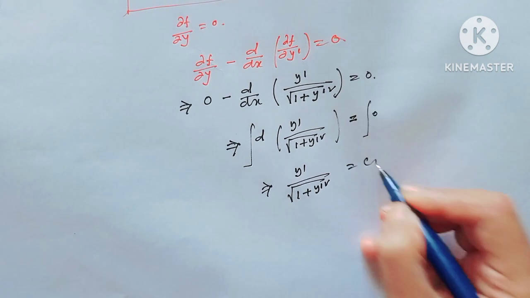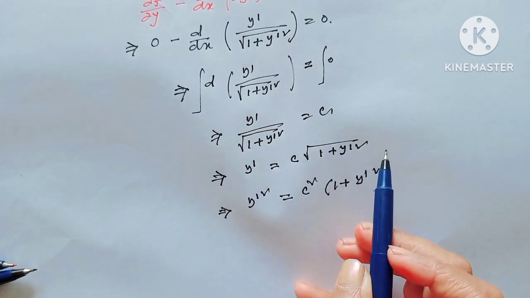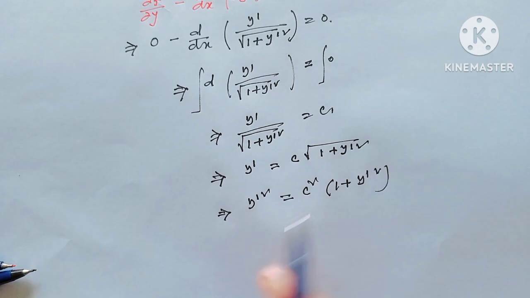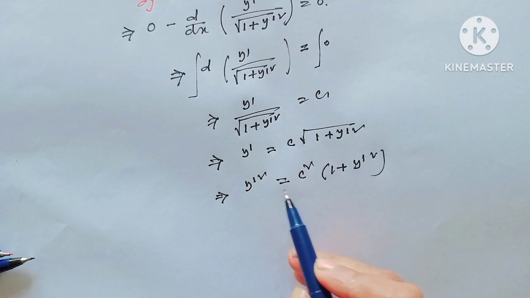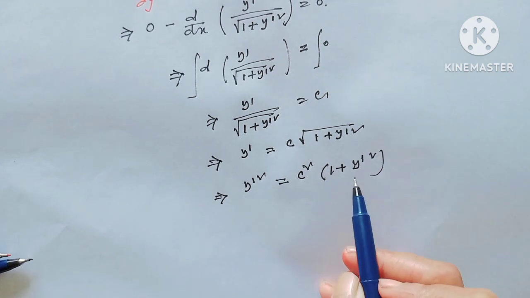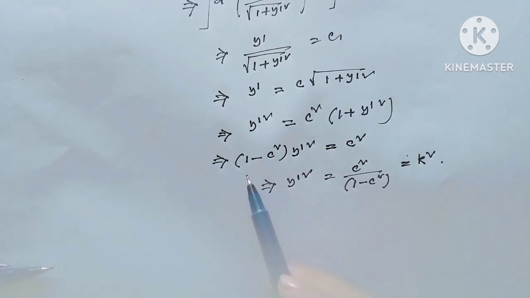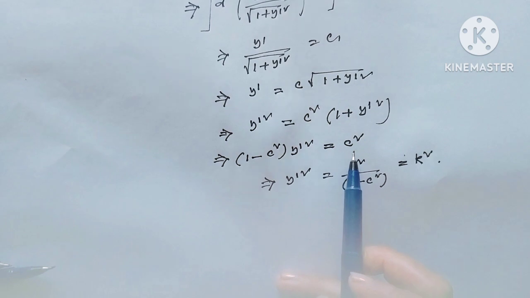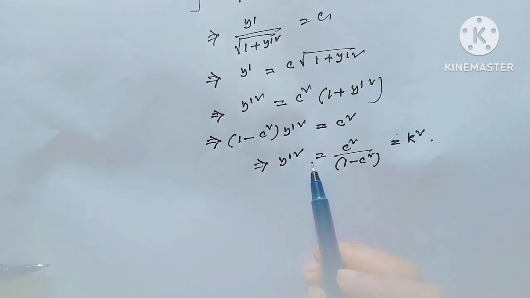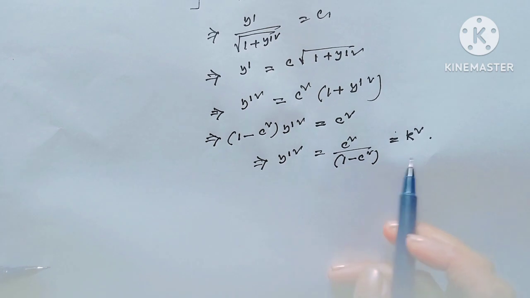So y dash equal to c times the square root of 1 plus y dash whole square. If we square both sides, then y dash whole square equal to c square times 1 plus y dash whole square. That implies 1 minus c square times y dash whole square equal to c square, so y dash whole square equal to c square over 1 minus c square.